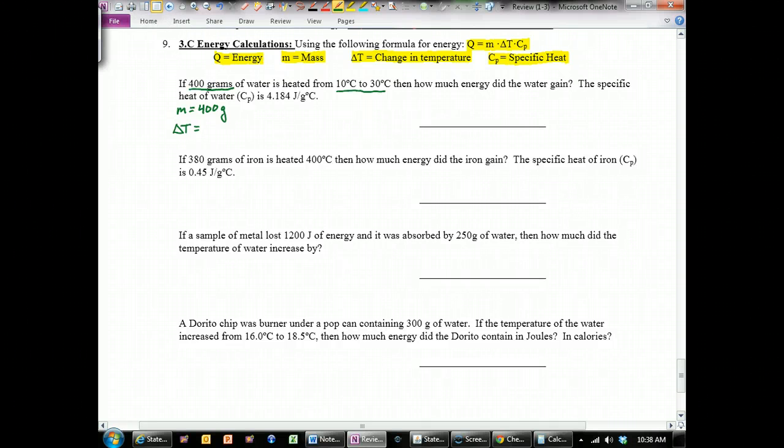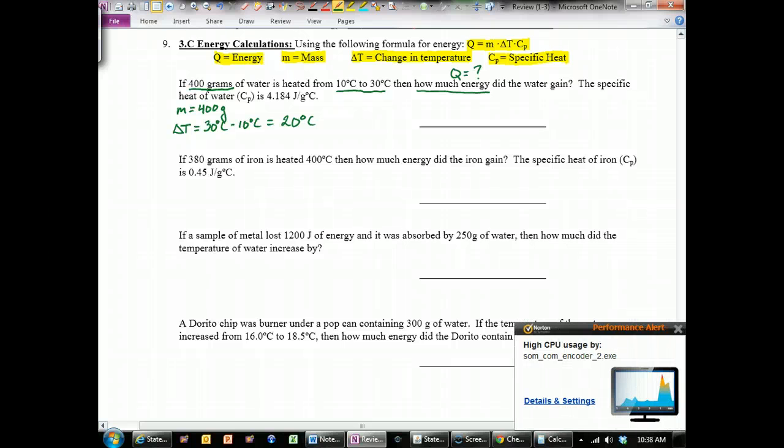We get that by taking our final temperature, 30 degrees Celsius, and subtracting our initial temperature, 10 degrees Celsius. It's a positive value because it increased, and then we're trying to find how much energy. So Q is what we're trying to find: how much energy did it take to heat that up.